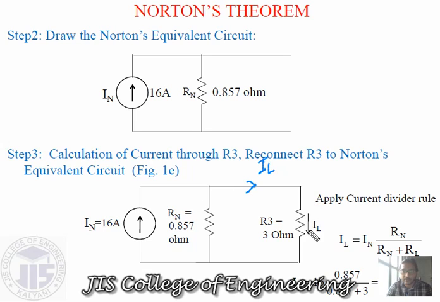If our aim is to find this IL by the current dividing rule, IL is the current which is getting divided, this IN, multiplied with the other branch resistance. This IN is going to divide among this RN and this R3 resistance, and we are going to find the current through this R3 ohm resistance.